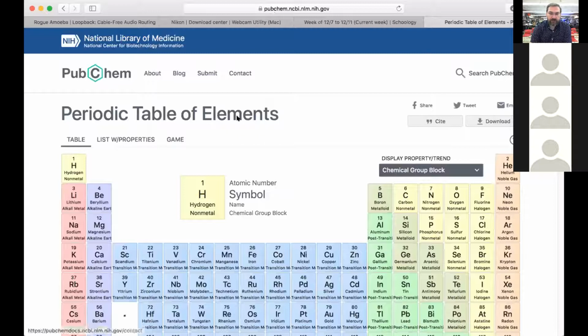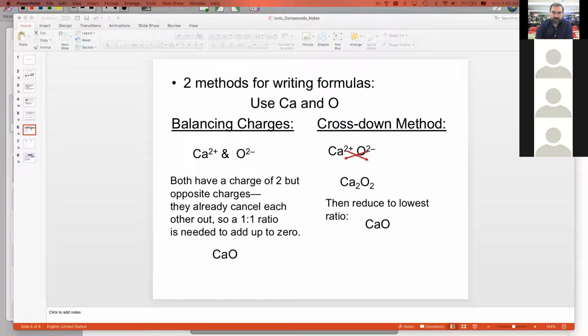So let me switch back to this thing. The 2 different methods include one of them to look at what we call balancing the charges. In this case, calcium has a charge of 2+, and oxygen has a charge of 2-.